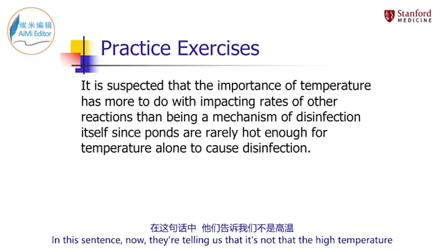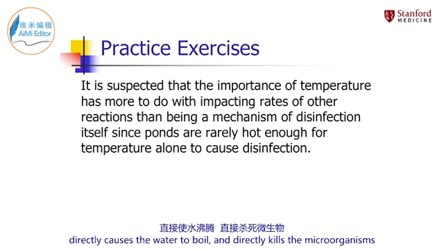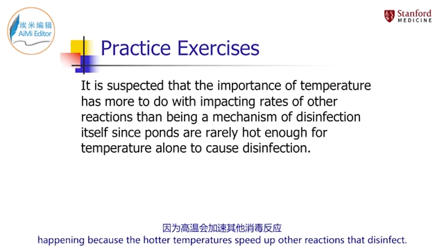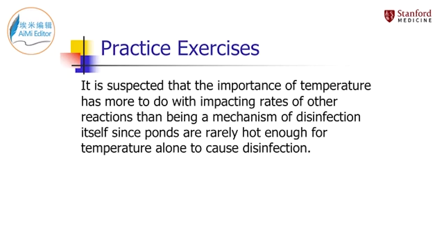In this sentence, now, they're telling us that it's not that the high temperature directly causes the water to boil and directly kills the microorganisms. It's not that the heat directly kills them. Rather, the disinfection may be happening because the hotter temperatures speed up other reactions that disinfect.